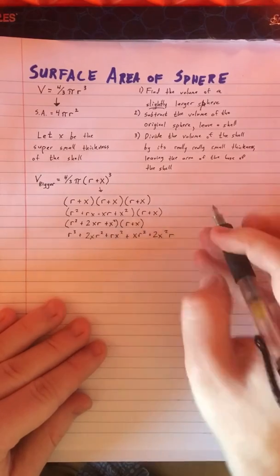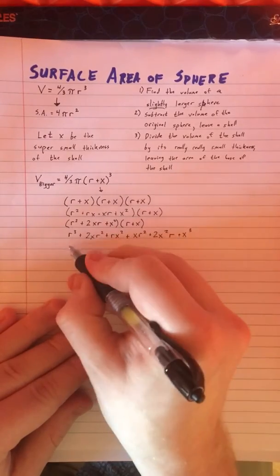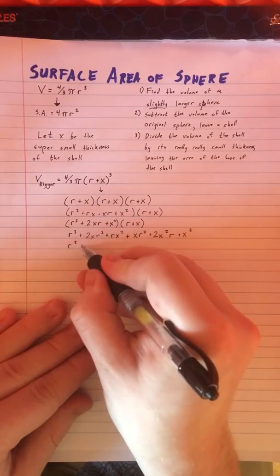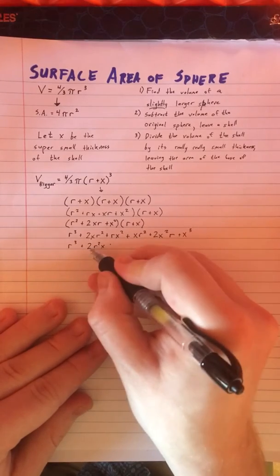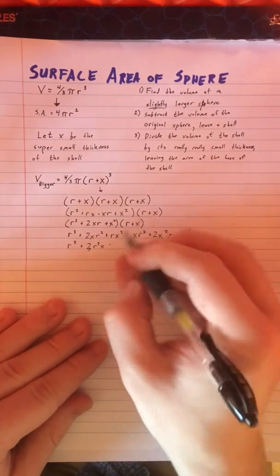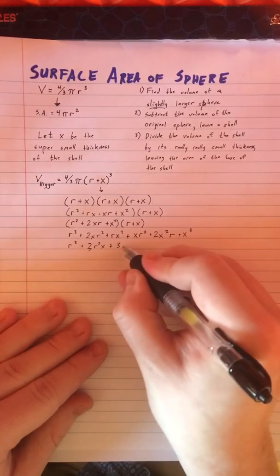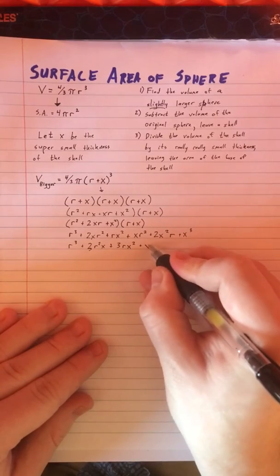And x times x squared is x cubed. So this mess is the same as r cubed plus 2r squared x, plus r squared x, because I can combine this term and this term, giving 3r squared x, plus 3rx squared plus x cubed.